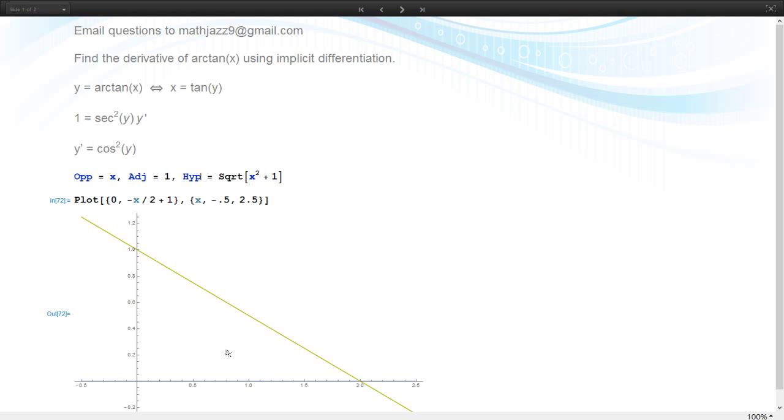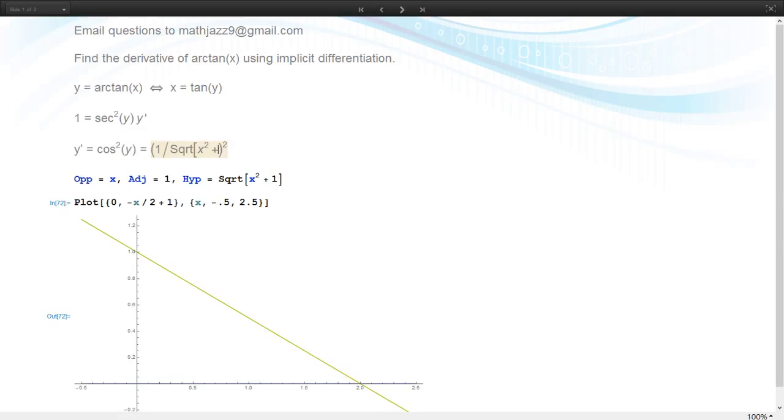So now we know the length of each of the sides of this triangle. And we know that y prime is equal to cosine squared, which is going to be the adjacent side, which is 1, divided by the hypotenuse, which is the square root of x squared plus 1. So this is equal to, remember the whole thing is squared, 1 over square root of x squared plus 1.